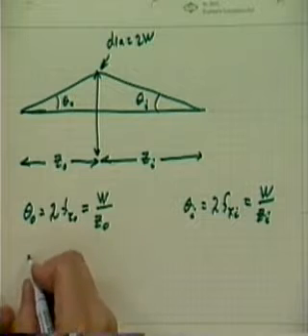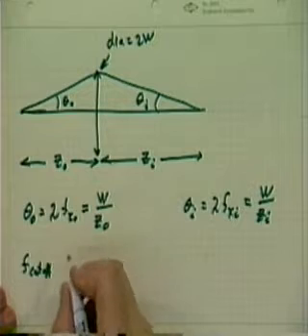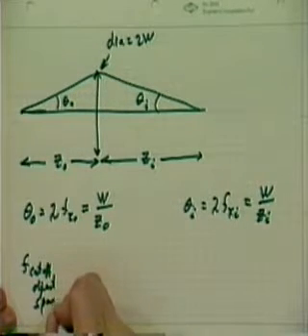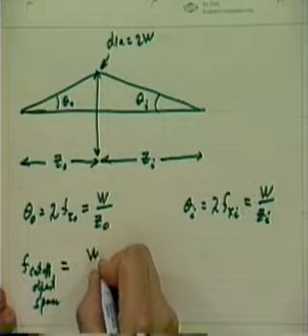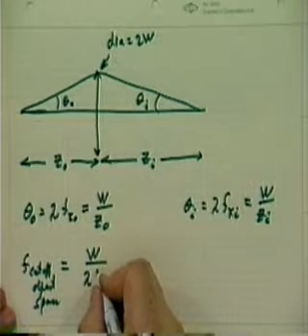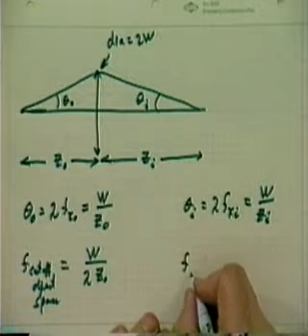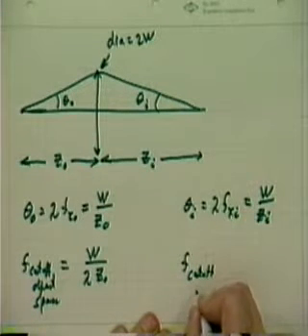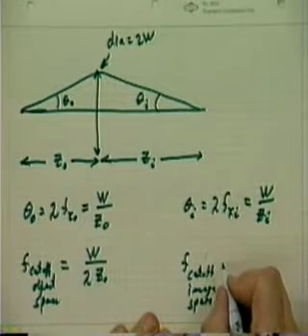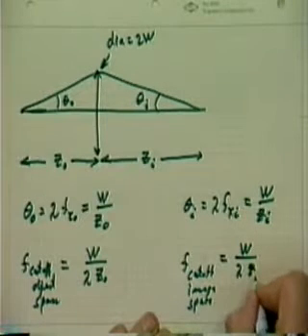And so the cutoff frequency in object space is W over lambda Z naught. And in image space, that's W over lambda Z sub I.